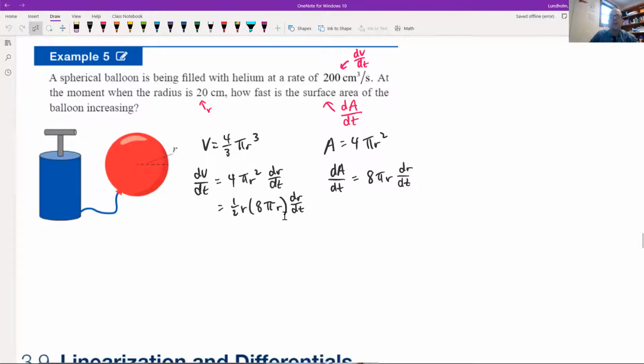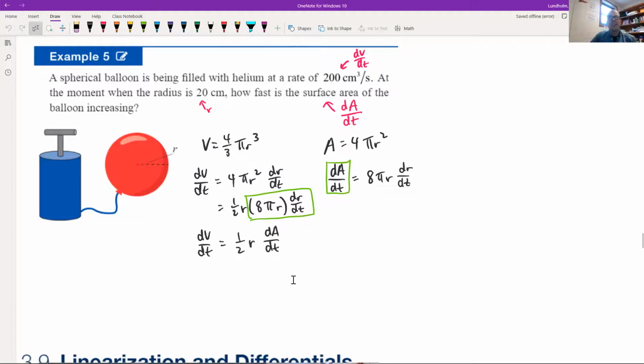notice how this whole section is the same as dA dt. And in order to make an equation that relates dV dt and dA dt, we could actually just make that substitution now.